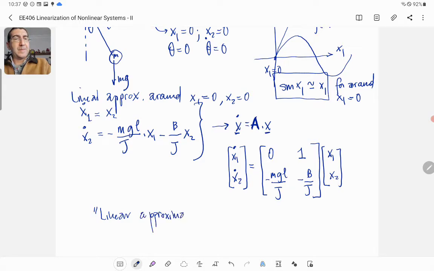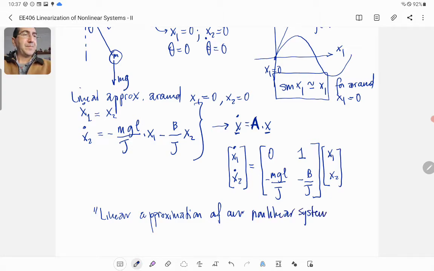Approximation of our nonlinear system around equilibrium point x bar is equal to 0, 0. Okay?